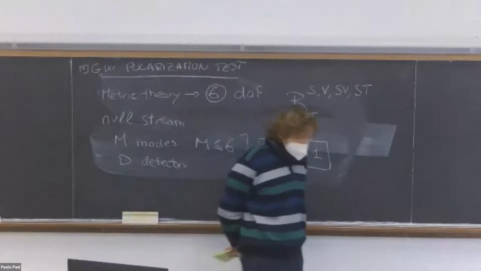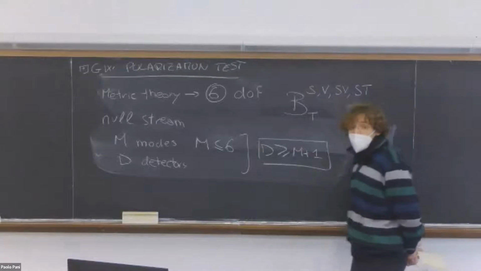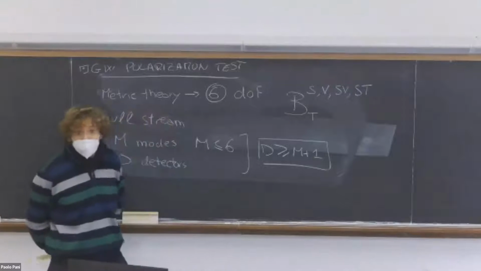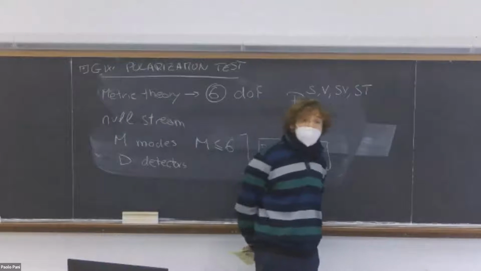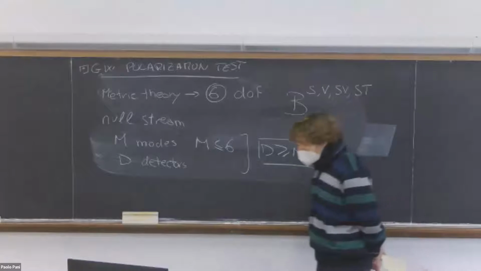The results are interesting in the sense that there is very strong evidence that the signal is in fact tensorial as compared to a purely scalar or purely vector signal, which is sort of expected.